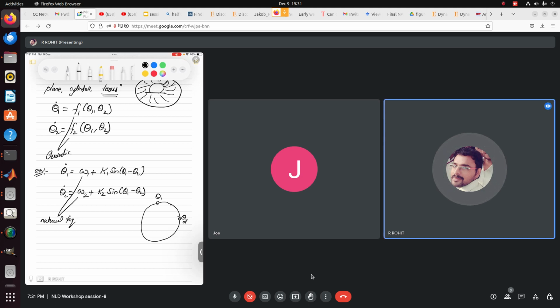This is like the firefly example which we have seen. A firefly flashes its light at a certain frequency omega, and the theta, the point in the circle it started from, is called the phase of the system. And here k1 and k2 are called the coupling constants.